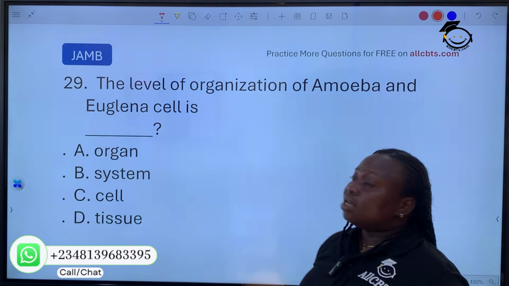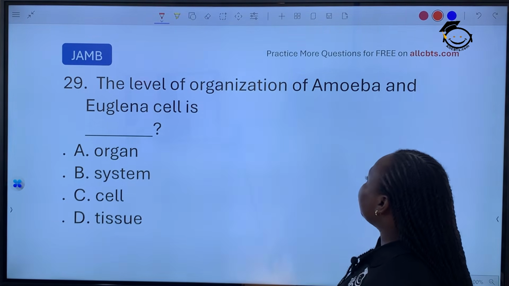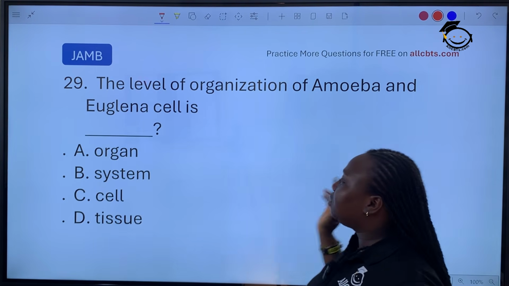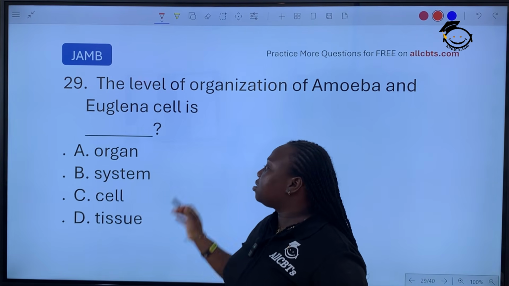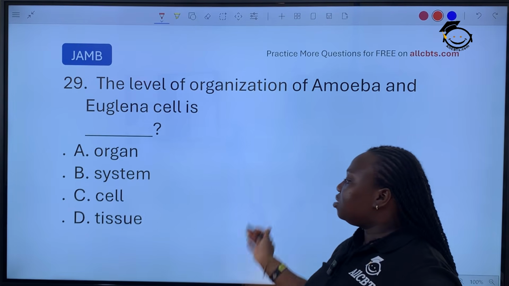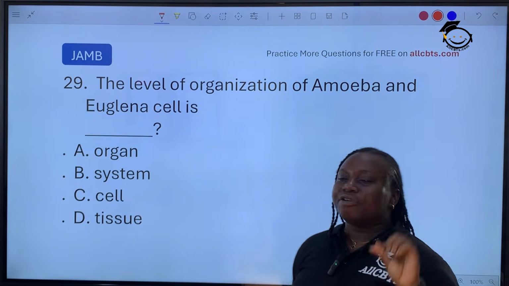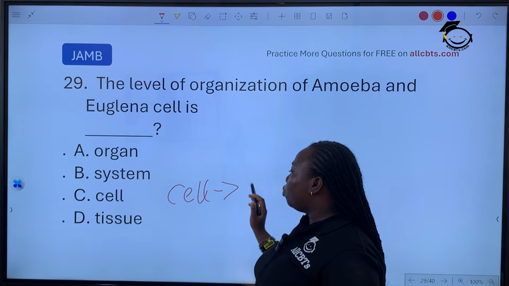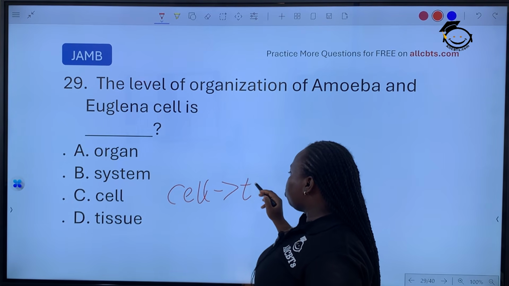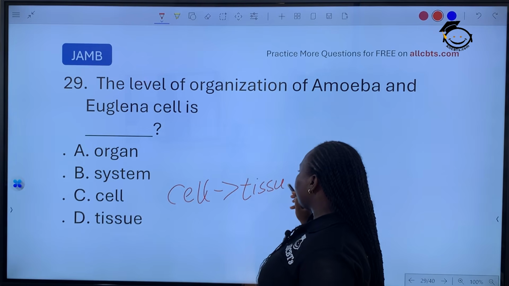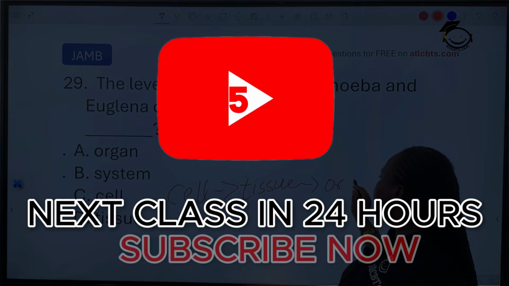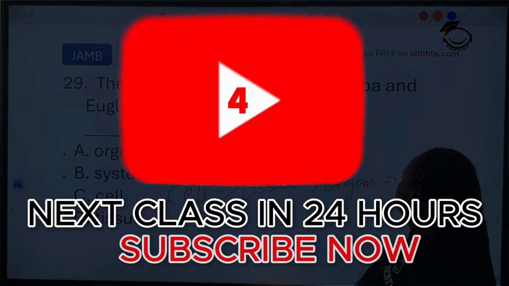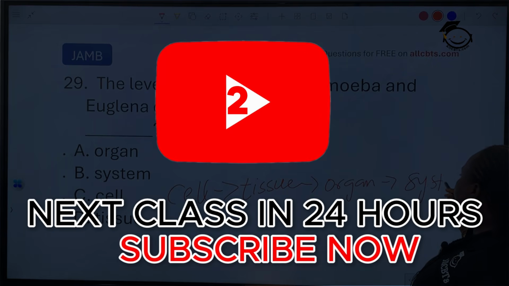Number 29. The level of organization in amoeba and euglena is dash. Is it organ? Is it system? Is it cell? Is it tissue? Don't forget that when we are arranging it, we arrange it from the cell to the tissue to organ to system.